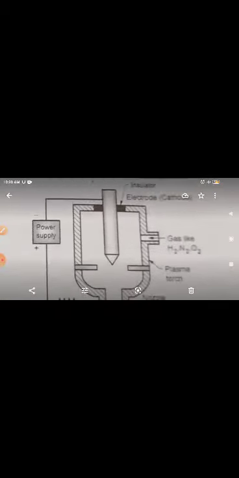Then let's see how the setup of plasma arc machining is done. You can see the power supply. Take note that the negative terminal is given to the electrode, the tool, and the positive is given to the workpiece.